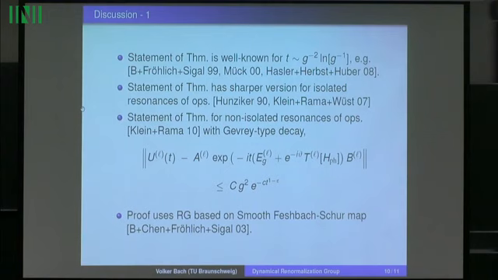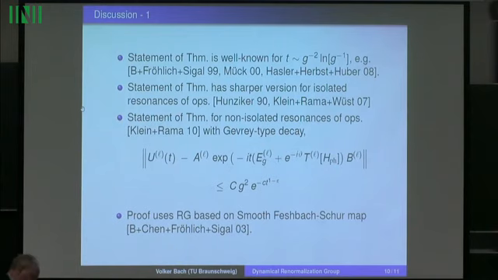For isolated eigenvalues, it was known long before. It can be found in Reed-Simon, for instance. But in the context of these field theoretic models, it was studied only 20 years ago. Again, Fröhlich-Siegel and myself did some work on this. Matthias Mück had an important contribution in his diploma thesis. And a very nice and complete analysis was given by Hassler, Herbst, and Huber in 2008.